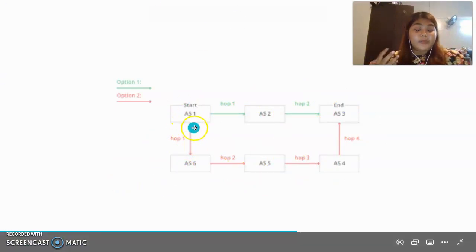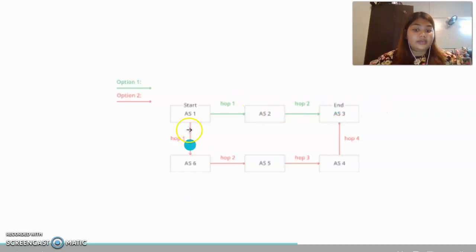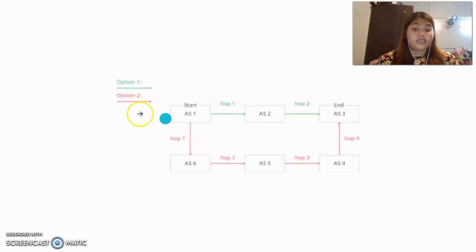The packet will be sent from autonomous system 1, and the destination will be AS3. There are two routes: AS1, AS2, AS3, and AS1 to AS6, AS5, AS4, and AS3.